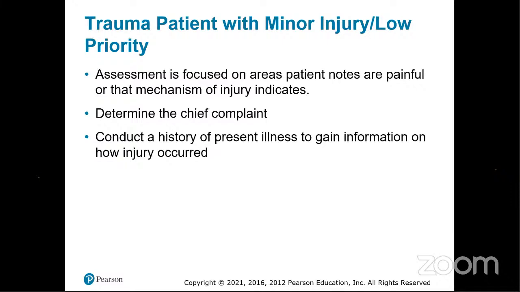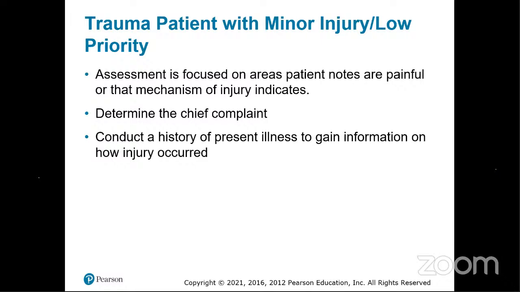So assessment is focused on areas the patient notes are painful or the mechanism of injury indicates. So if they say it hurts here, we're going to go look there first. Or if the mechanism of injury was a T-bone and they were the passenger and they got hit on the right side, I want to see that right side of the patient's body to look for any signs of injuries.